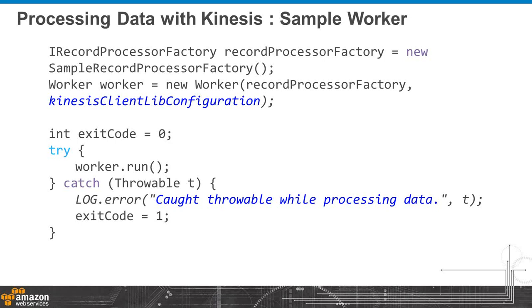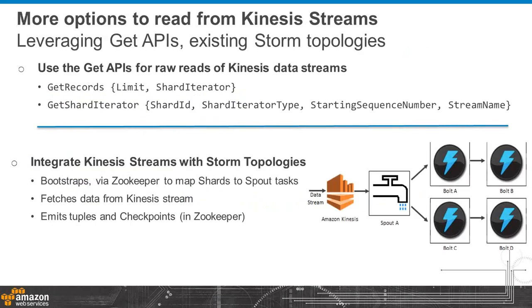This is a very simple example of what a sample worker might look like that you instantiate to ultimately process your stream. The key thing is that the application developer does not have to worry about the lower-level distributed systems processing involved in processing continuously changing streams.